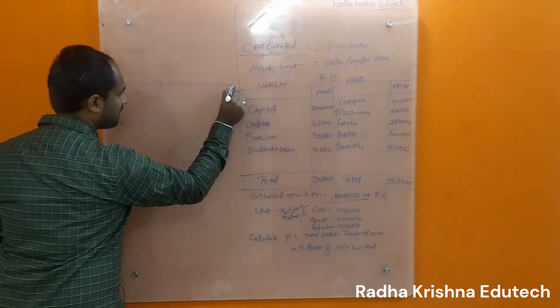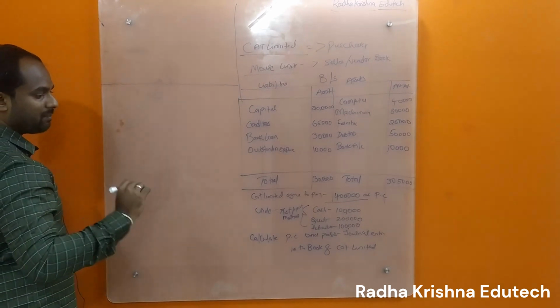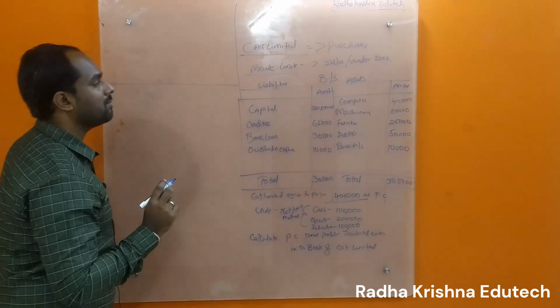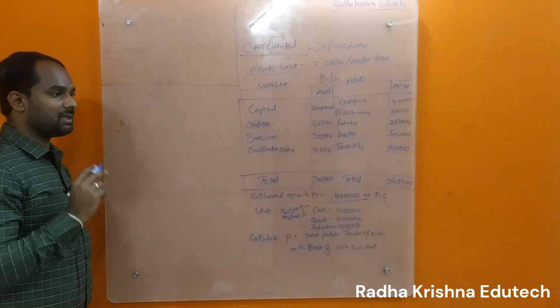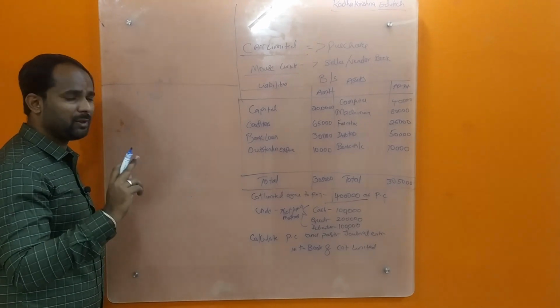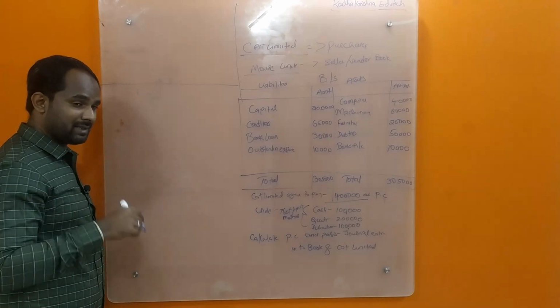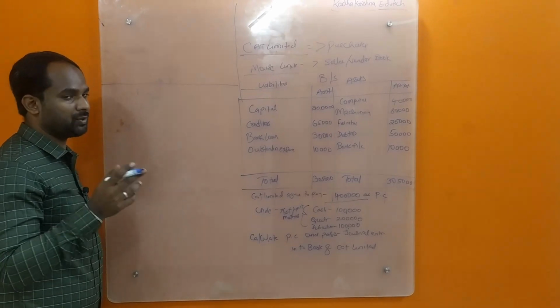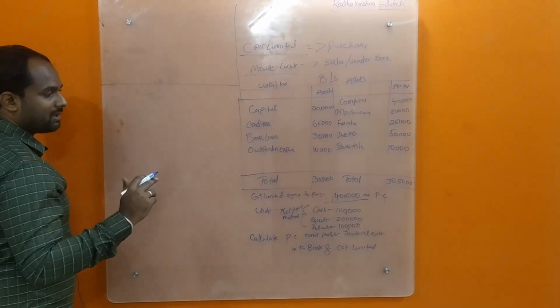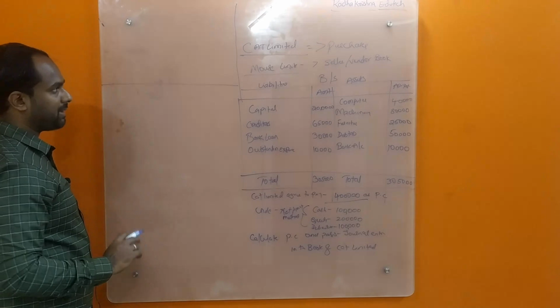Before that, we should know whether they have paid more or less than the net asset, because based on last sum we discussed in our last class, if they are paying more than the net asset, then it will be goodwill. If they are paying less than net asset, it will be capital reserve in the books of purchaser company. So now we have to think whether it is goodwill or capital reserve.